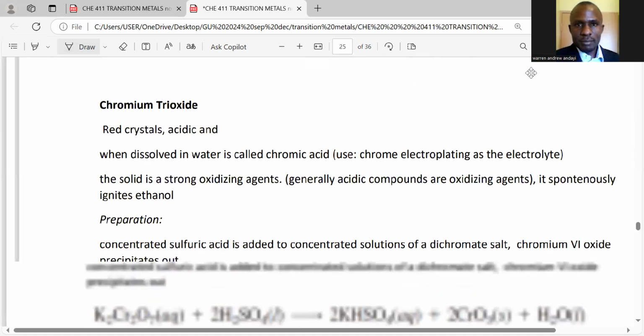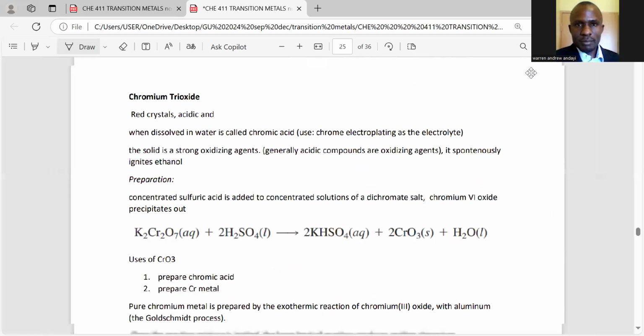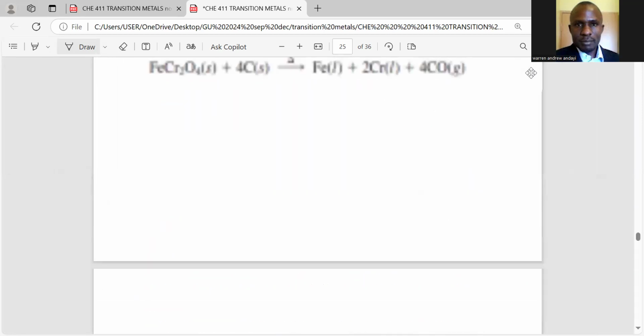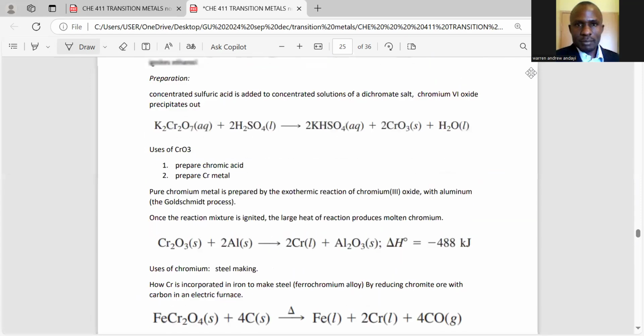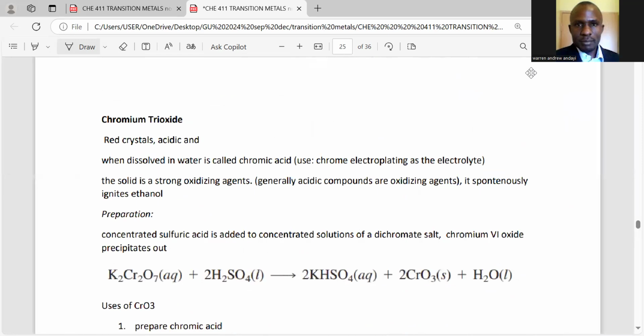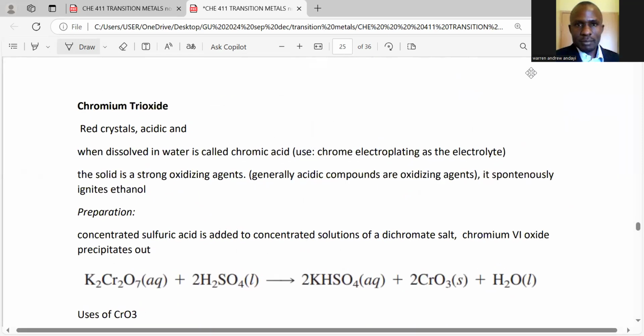Let's look at the last compound in chromium chemistry, and that is chromium trioxide, which forms red crystals and is very acidic. When dissolved in water, it forms chromic acid, which is used as an electrolyte in electroplating, such that chromic acid supplies you with chromium during electroplating.